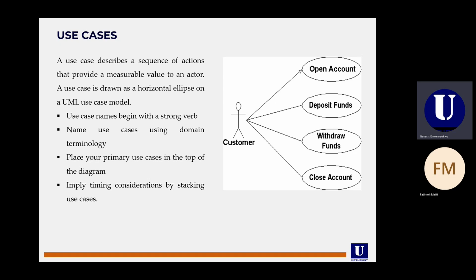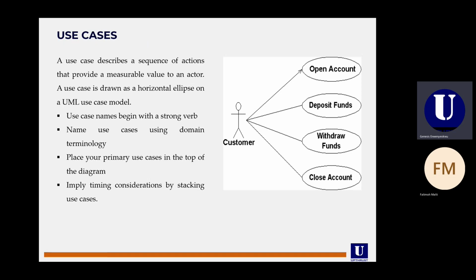Sometimes when you say open accounts, assuming we now take close account and put it at the very first place where we have open accounts, and then take open accounts and put it at the last, take withdraw funds and deposit funds and interchange them. Yeah, it's still the same use case, right? But it does not connote best practices. It does not convey the message appropriately to our audience.